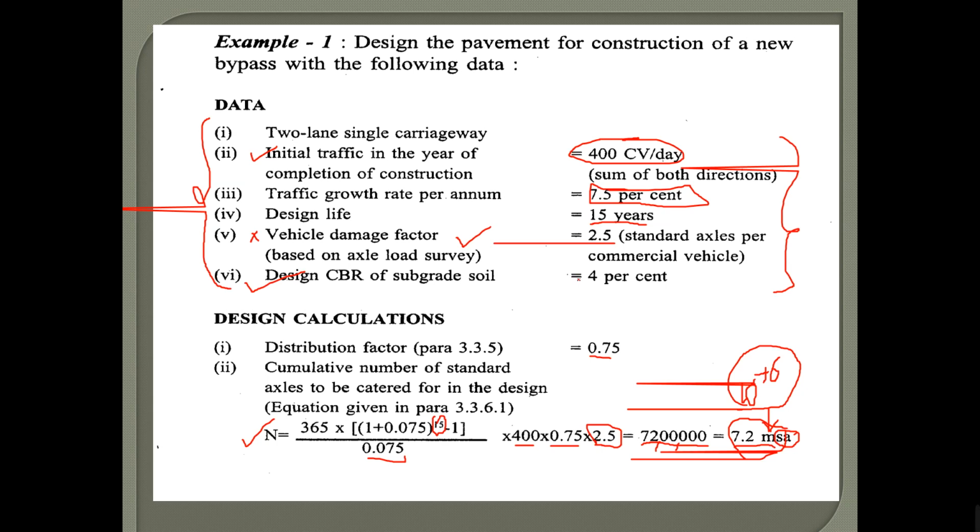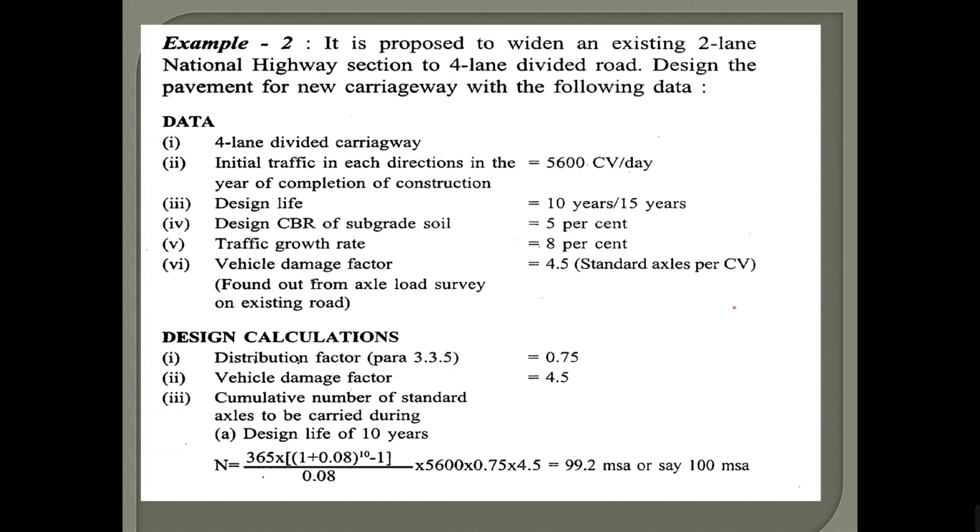There is a next example: it is proposed to widen an existing 2-lane national highway section to a 4-lane divided road. So from a 2-lane road they are planning to go for a 4-lane road. They are asking to design the pavement for the new carriageway with the following data. The data has been given to us. How are we going to solve that? We have to see by referring to the slide. Okay, we'll discuss this solution in the next class.